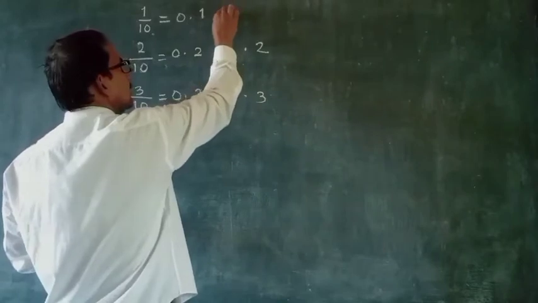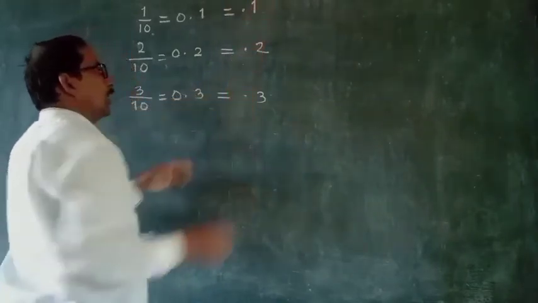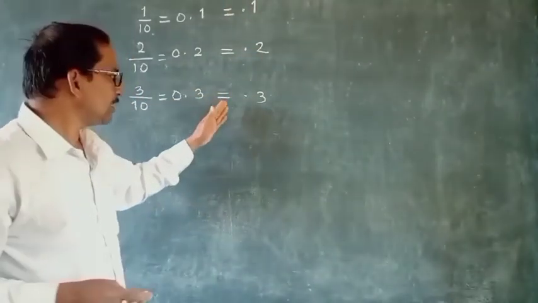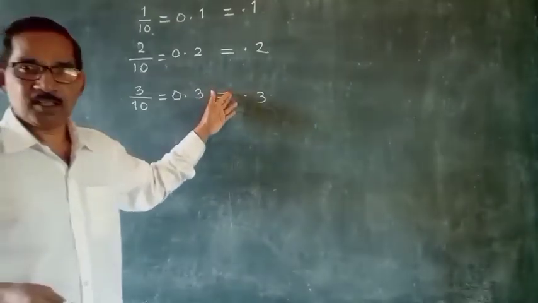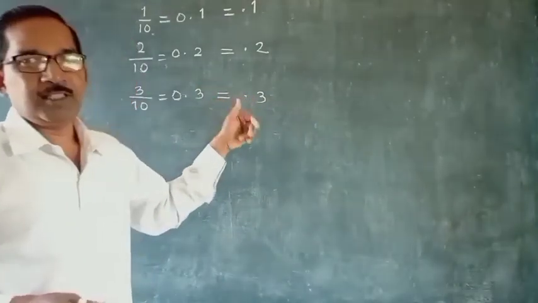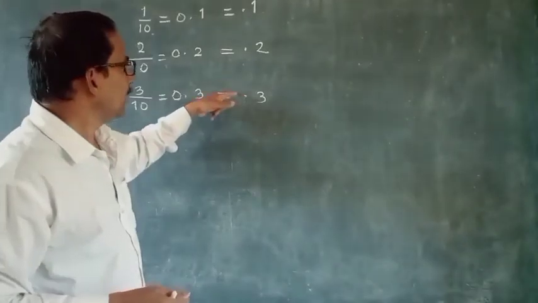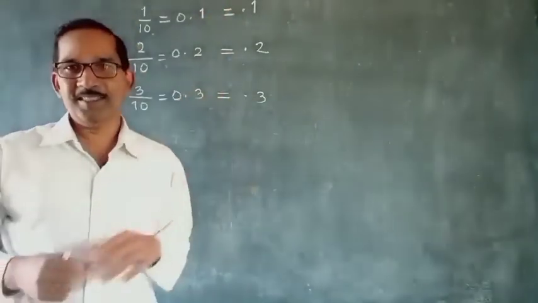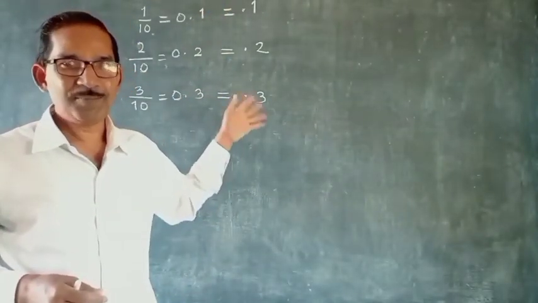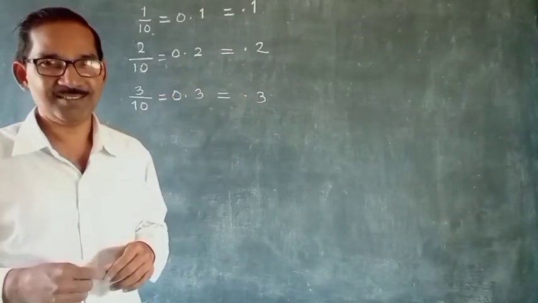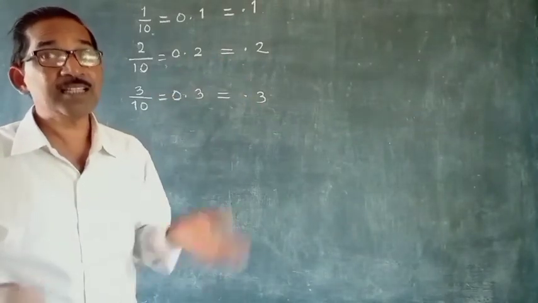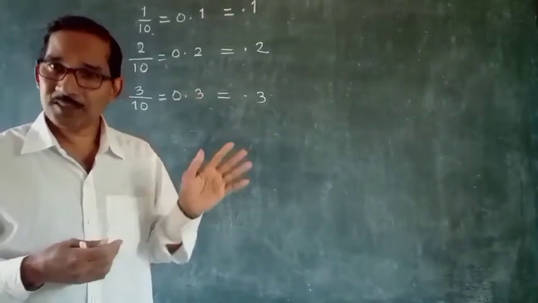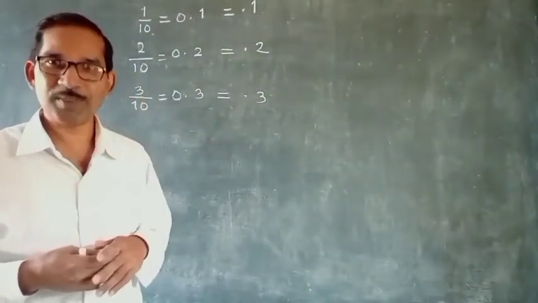It is 0.1. If there is nothing to the left of the decimal point, then we will generally put a 0 here. And if there is another number, then you can put that number also. Like this. I will give you some more examples.